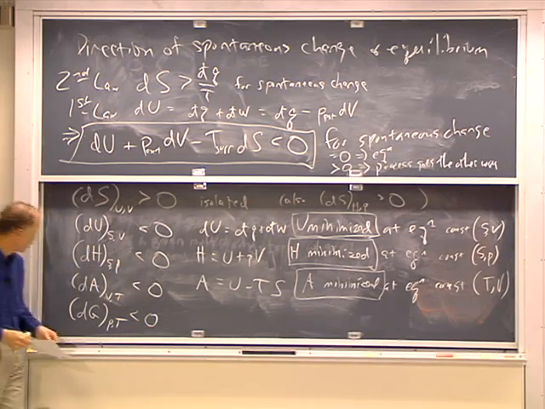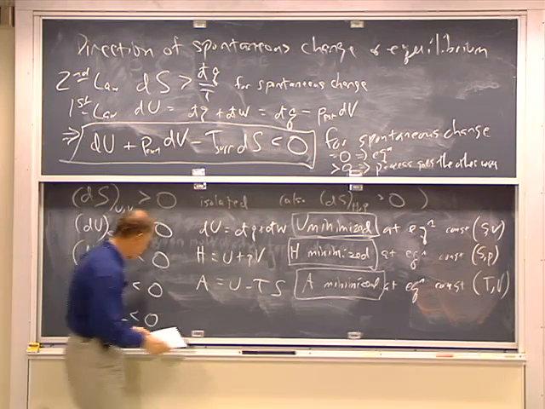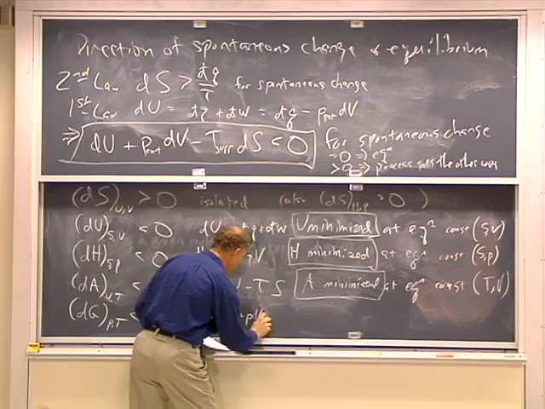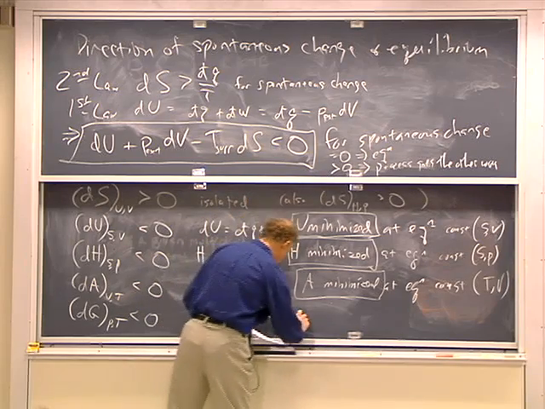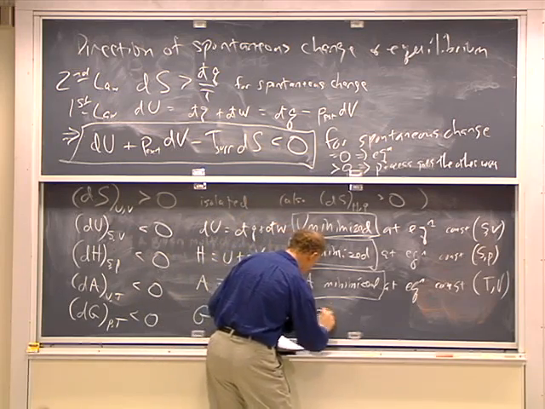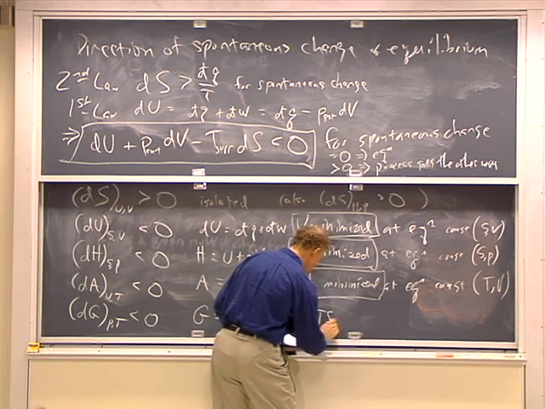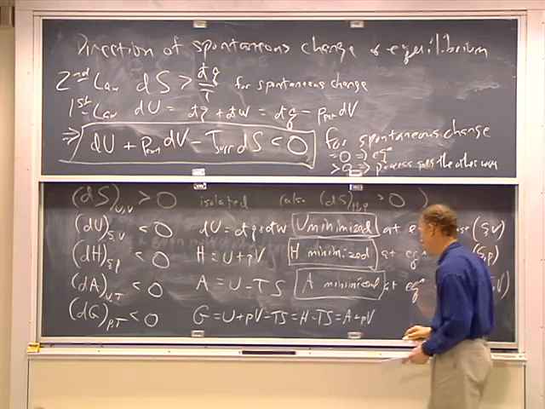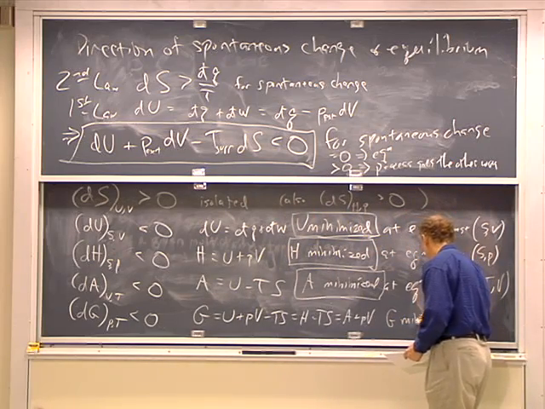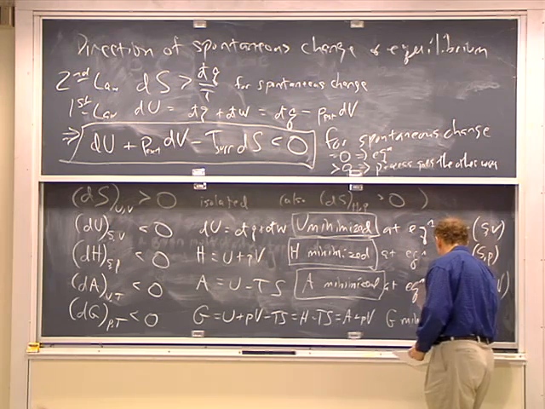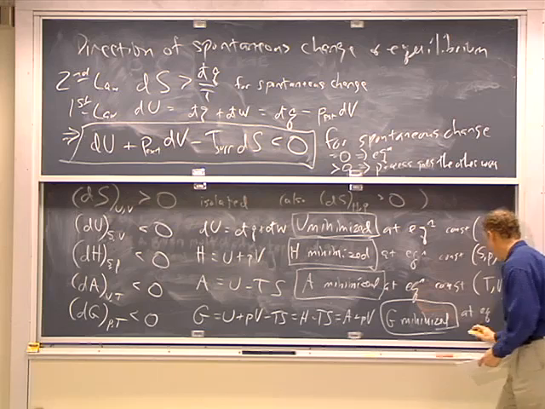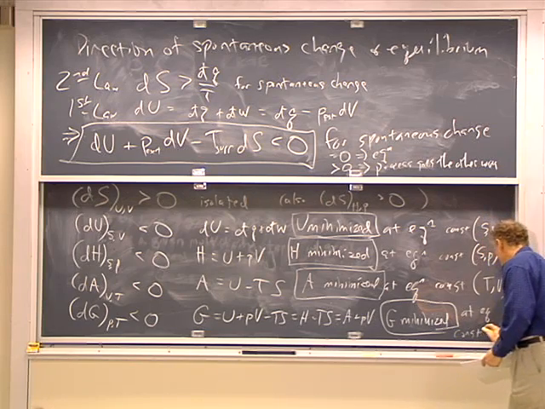That's our condition for spontaneous change, where the Gibbs free energy, U plus PV minus TS, is H minus TS, also A plus PV, and G is minimized at equilibrium with constant temperature and pressure.